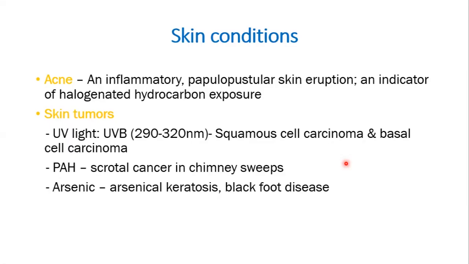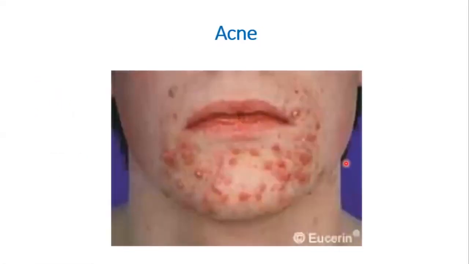We have skin tumors, which may be caused by UV light, we have polyaromatic hydrocarbons, or PAH, like the scrotal cancer I mentioned in chimney sweeps. Arsenic can cause arsenical keratosis or Blackfoot disease. Right? So these are different skin conditions.